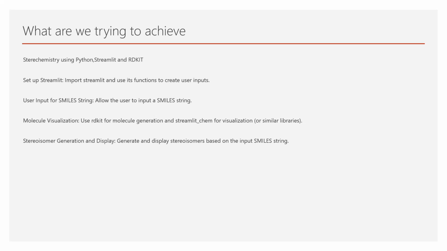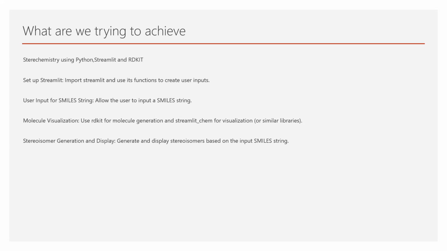That's our primary goal. We'll set up Streamlit, import Streamlit and use its functions to create user inputs. This will be done using Python itself. User input for the SMILES string: allow the users to input the SMILES.